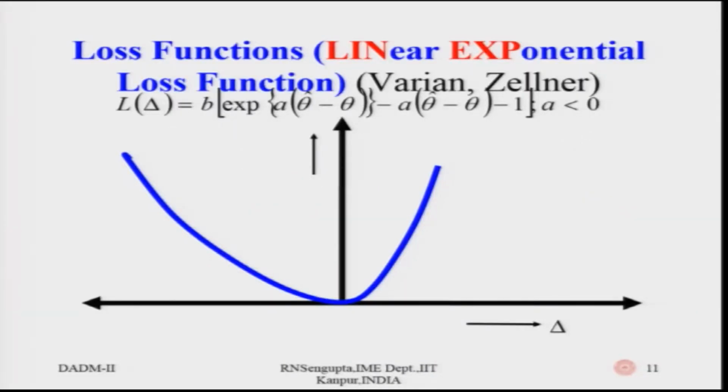When a is negative, in the second quadrant the exponential part will dominate the linear part, and when theta hat minus theta is positive and a is negative, the linear part will dominate the exponential part, because the negative sign would bring that ratio down as fast as possible.